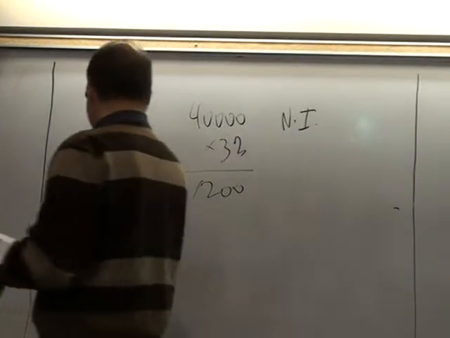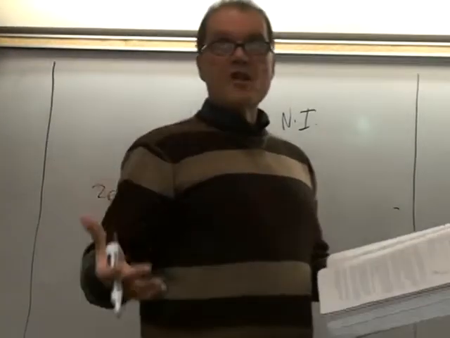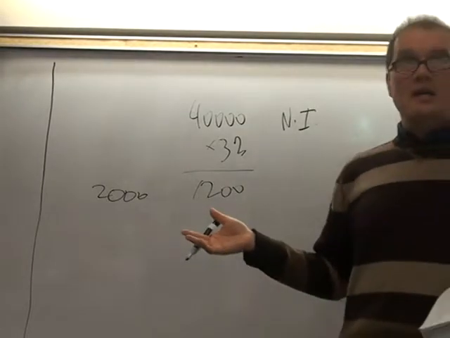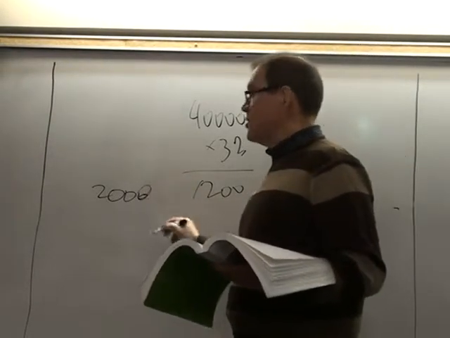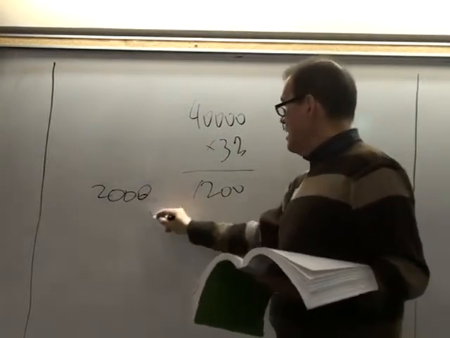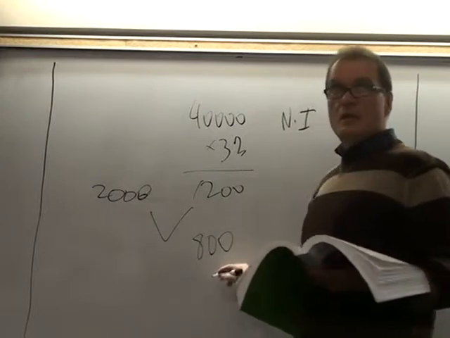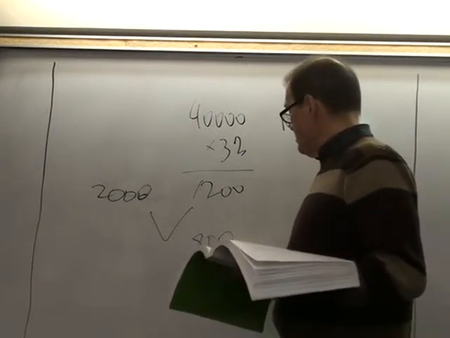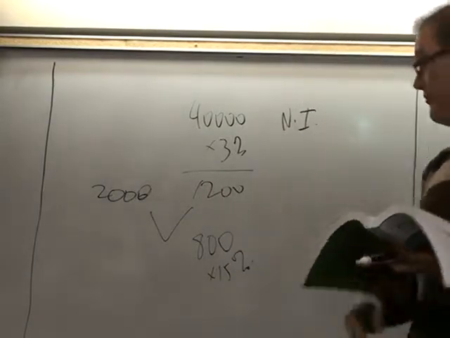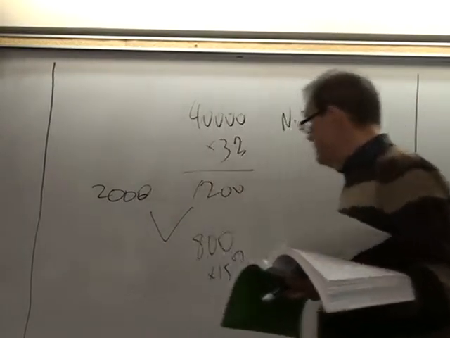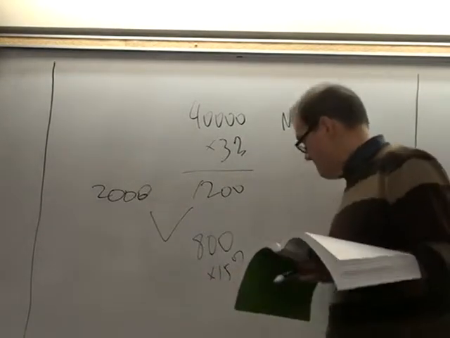So if my medical is $2,000, and this is myself, my wife, and all my under 18 children, if it's $2,000 in total, I can claim $800 times 15%. What was the 2,000? Sorry? 2,000 is my actual medical expenses. Yep.